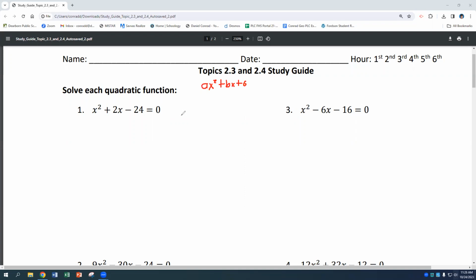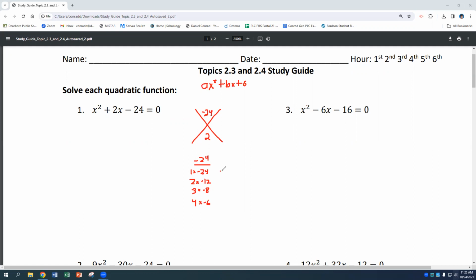So on this one, a is equal to 1, so we're going to use your standard x method to solve this. So we need two numbers that multiply to negative 24 and add to 2. Okay, for negative 24, your factors are 1 times negative 24, 2 times negative 12, 3 times negative 8, and 4 times negative 6.